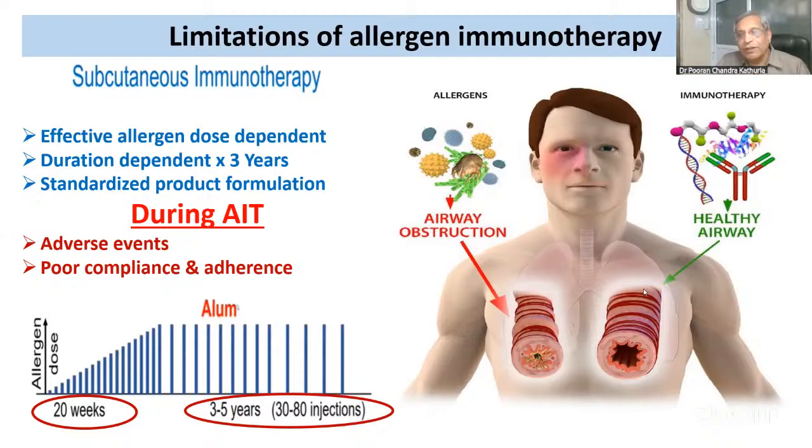Among these, only 15% follow up to 3 years of adherence to the therapy, because during this journey most of these patients have adverse events. To build up the dose, you need 20 weeks. And then every month you have to take a shot for a minimum period of 3 to 5 years.